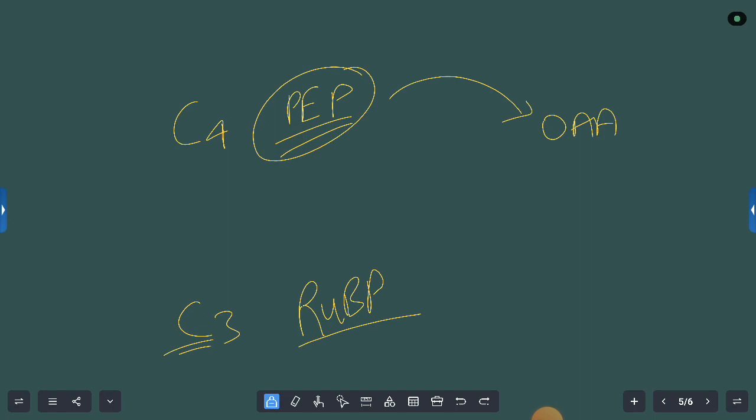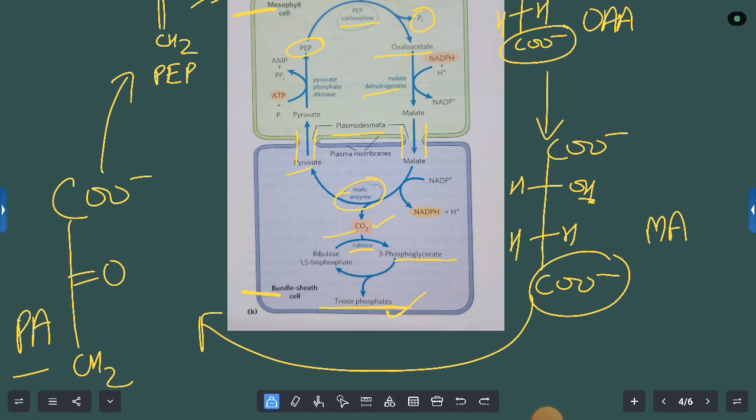Carbon dioxide is then released in the bundle sheath chloroplast, where there is no grana, only stroma, with Rubisco and other enzymes which catalyze the Calvin cycle.